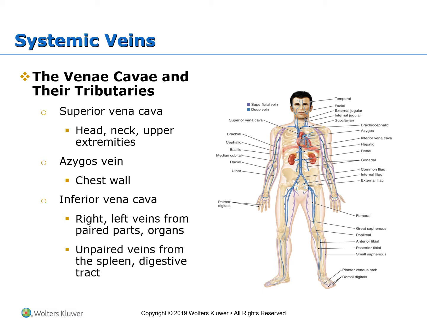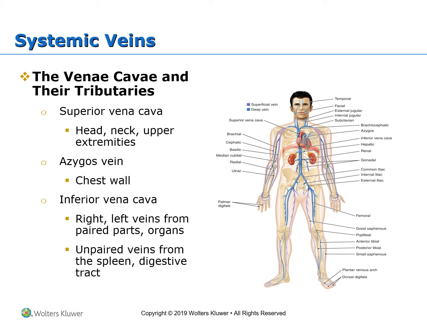And we have the renal veins that come from the kidneys. In addition, we have large hepatic veins that are draining the liver. And those will empty directly into the inferior vena cava, all of them, with the exception of the left testicular vein, which will empty into the renal vein before going into the cava.